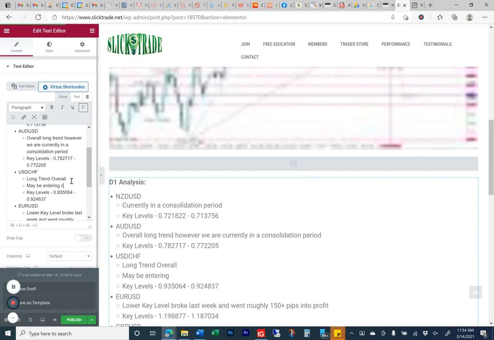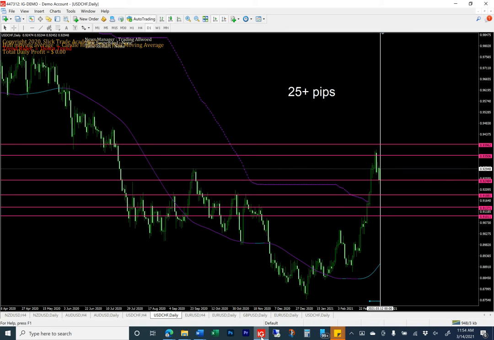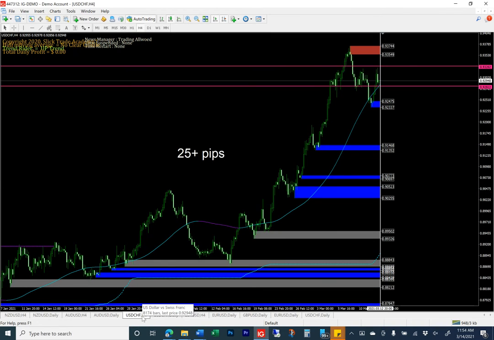Maybe entering correction phase or, oops, deeper correction phase or consolidation period. We'll see. Oh yeah, I kept those the same.